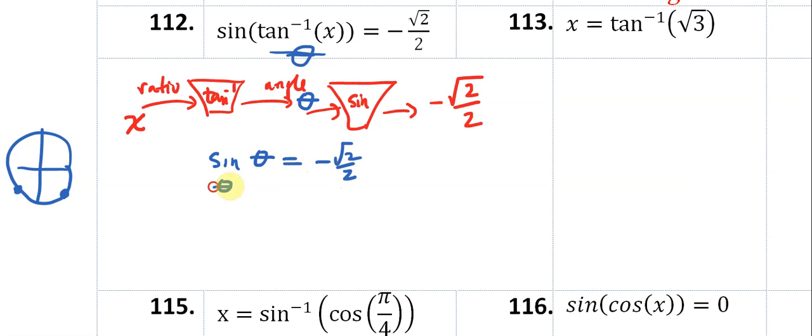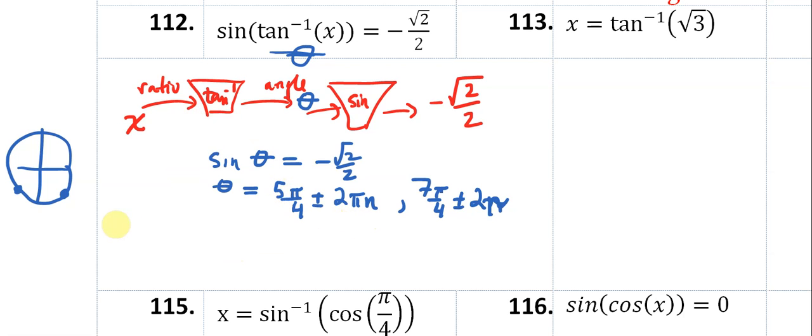There are lots of different answers for theta. It could be 5 pi over 4 plus or minus 2 pi n, and it could also be 7 pi over 4 plus or minus 2 pi n. Excuse me, this should say 2 pi n.